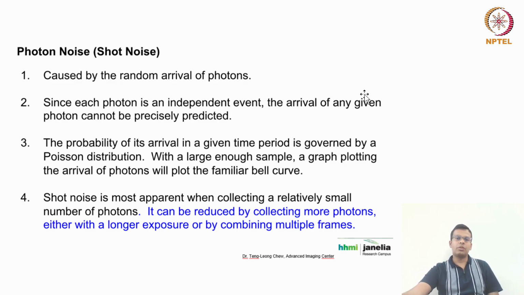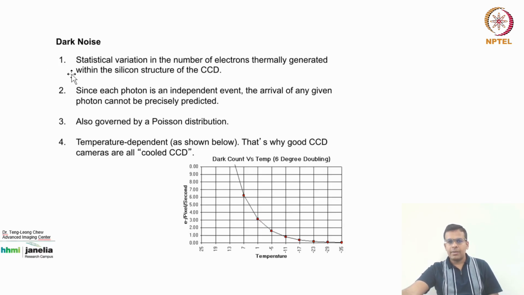So to avoid the photon noise, you either increase your signal to noise by increasing your fluorescent light intensity or increase the exposure time. But for low light samples, like samples with low fluorescence, the photon noise will be visible. If you are imaging a sample which is very bright, you may not even notice the photon noise.